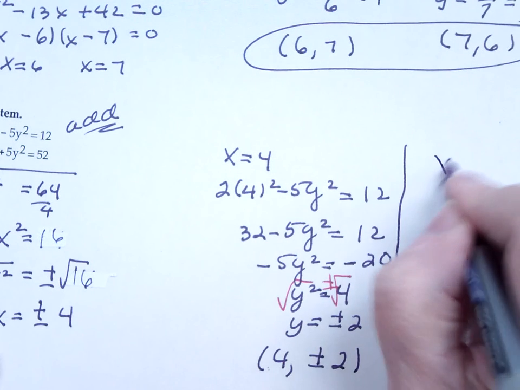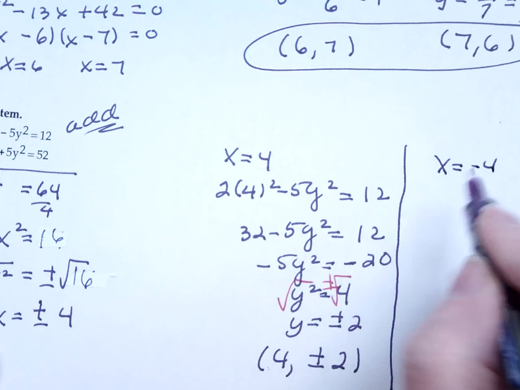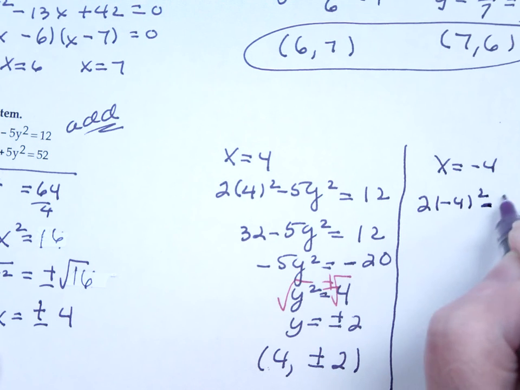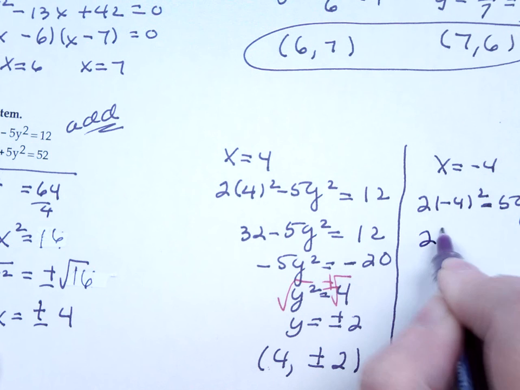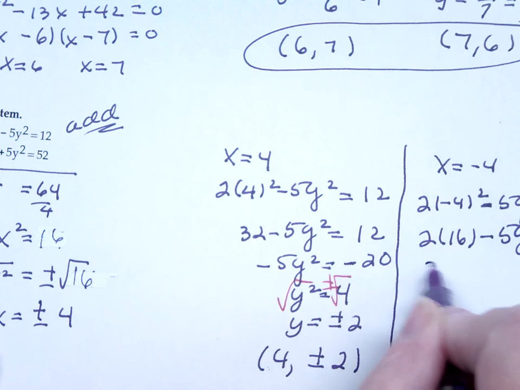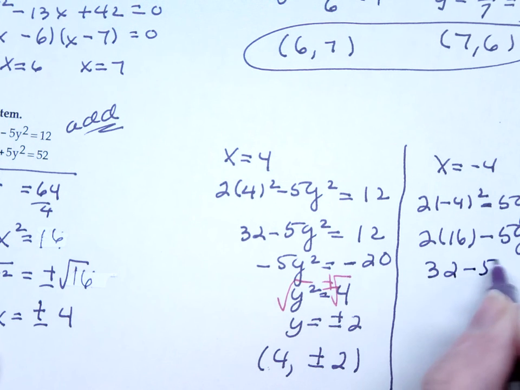And if x equals minus 4, then I'll have 2 times minus 4 squared. It's going to be the same thing. 2 times positive 16 minus 5y squared equals 12. 32 minus 5y squared equals 12.